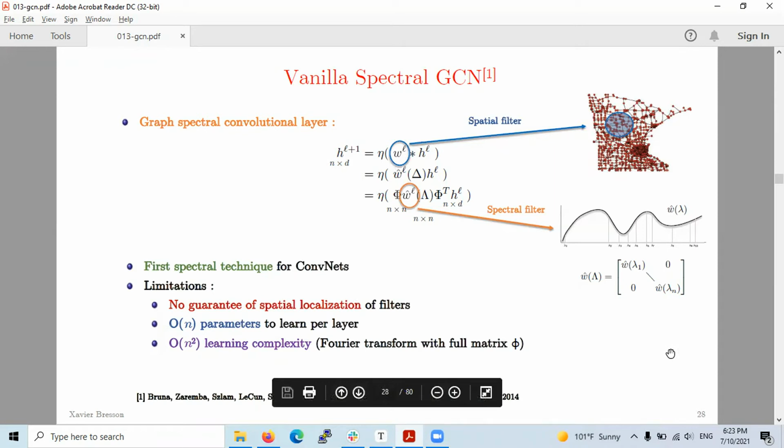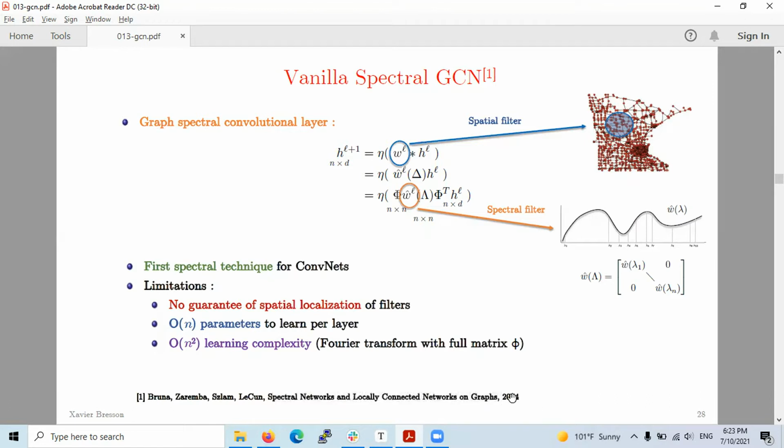Okay, so this is about spectral GCNs and the limitations of it. The limitations are that we have n parameters to learn per layer and n square learning complexity, and this becomes very difficult with massive graphs. Even this paper hasn't done tests on something very large, but on the MNIST data set, which was a 32 by 32 pixel image.